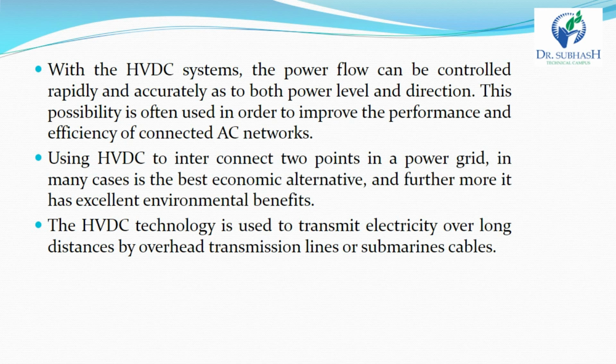This possibility is often used in order to improve the performance and efficiency of the connected AC network. Using HVDC to interconnect two points in a power grid is in many cases the best economical alternative, and furthermore it has excellent environmental benefits.